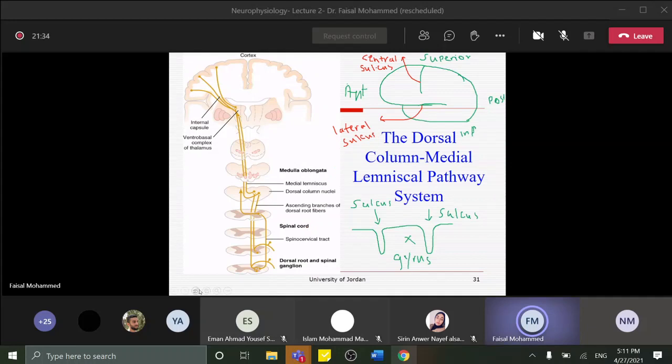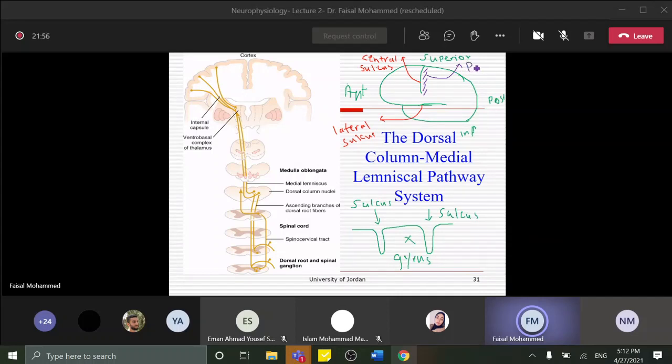This area behind the central sulcus is called the postcentral gyrus.